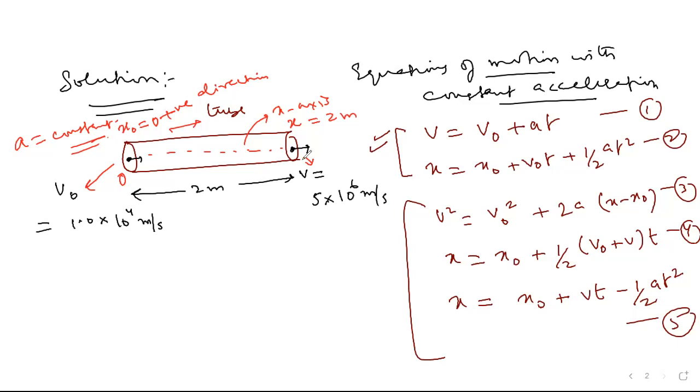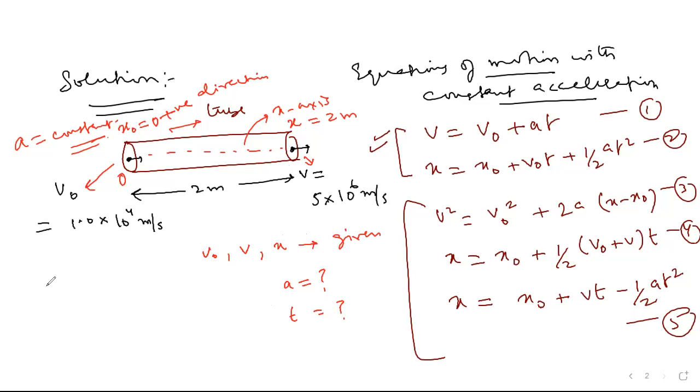So we are given V naught, V, x. This is given, right? What we are supposed to find, we are supposed to find A in part A, acceleration, and T in part B.